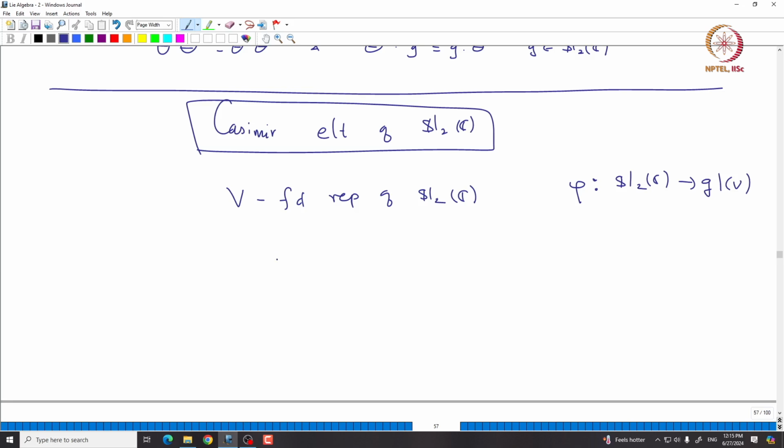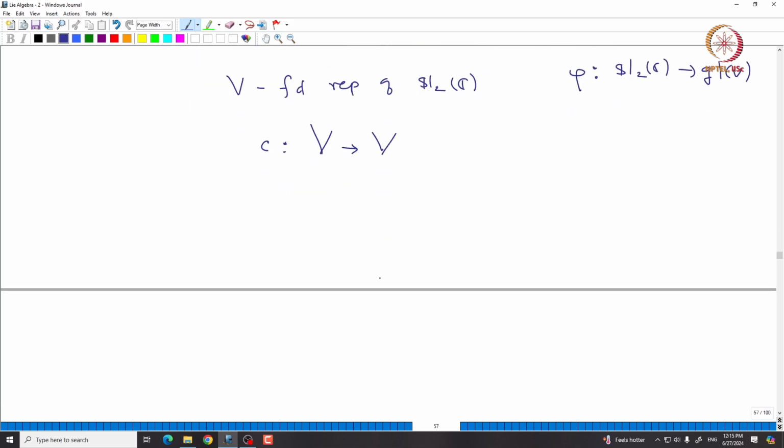Okay. So, now I am going to define this C from V to V, where C is given to be phi of x phi of y plus phi of y phi of x plus one half times phi of h squared. Okay. So, this is the map that we are interested in.